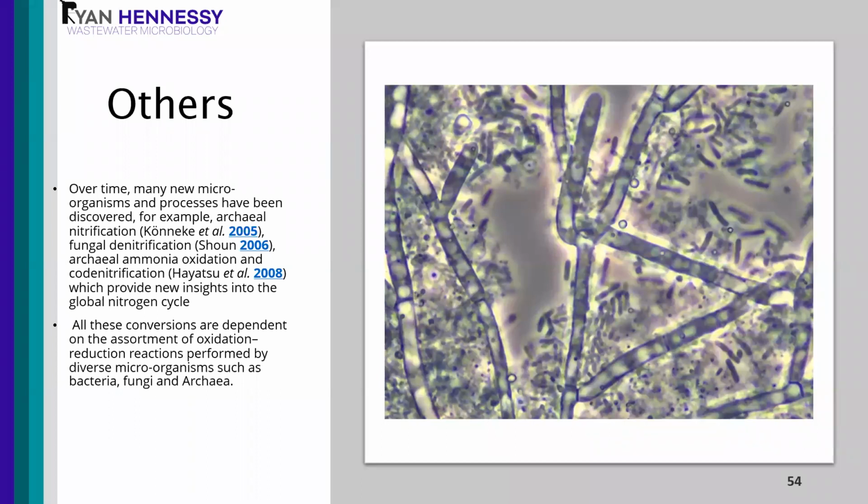Others, we've discovered, or other people have discovered, there's some archaeal nitrification. You have bacteria and archaea that can both be present, and generally archaea are fairly low populations in activated sludge processes.